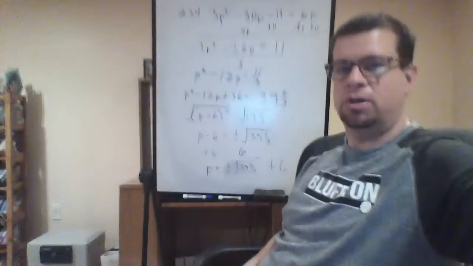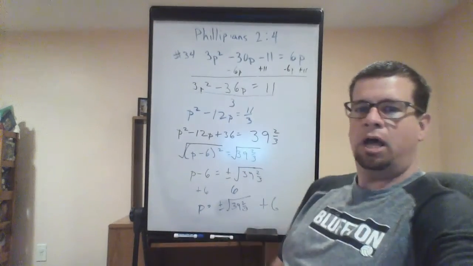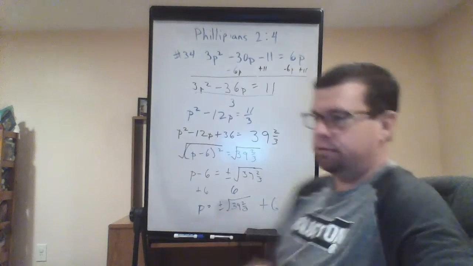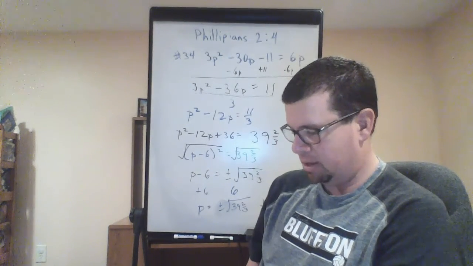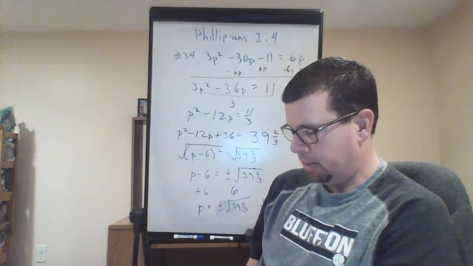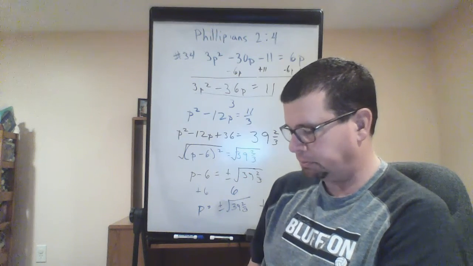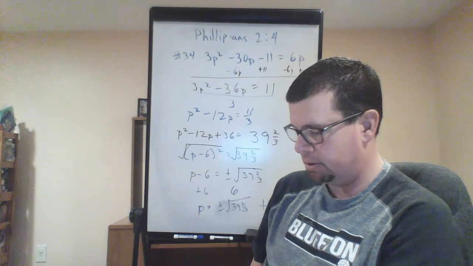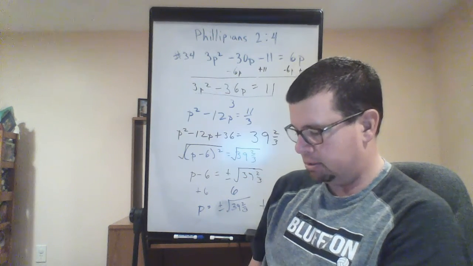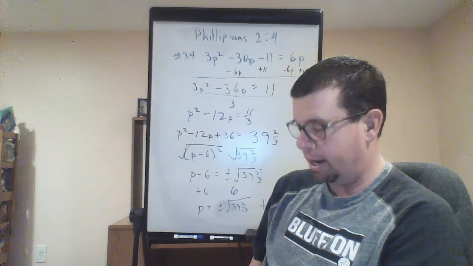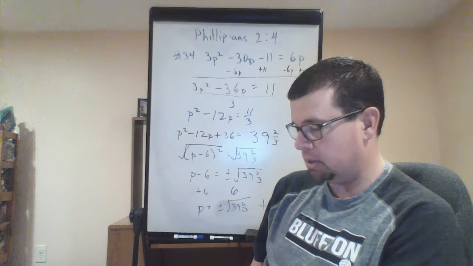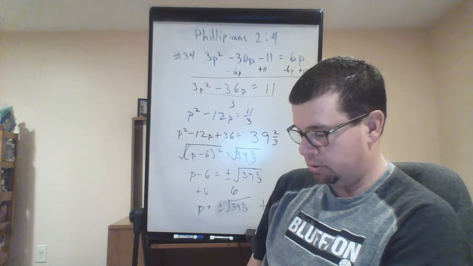I'm going to move my screen so you guys can see it a little bit. So I do the square root of 39 and 2 thirds. Give me just a minute here. My calculator actually doesn't do fractions quite as nicely as yours does.